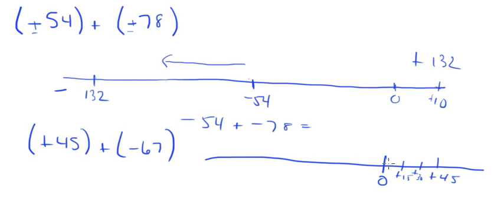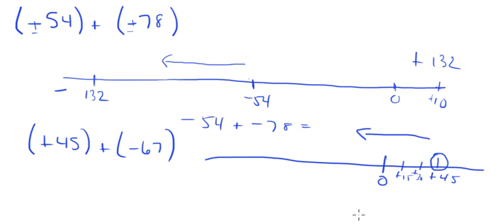So I'm at plus 45 like the problem states I should be, but it wants me to add on top of that a negative 67. So which direction am I going if I'm adding a negative 67? I'm going to my left. I'm going negative, right? Correct?